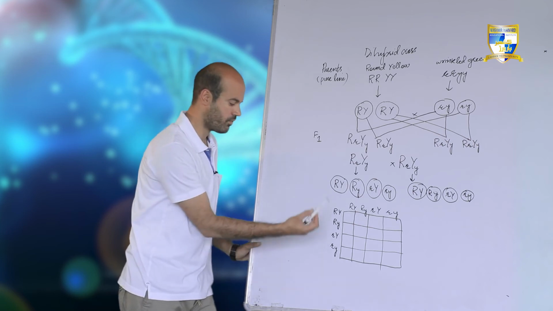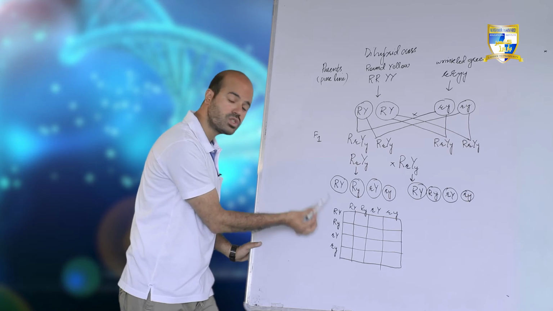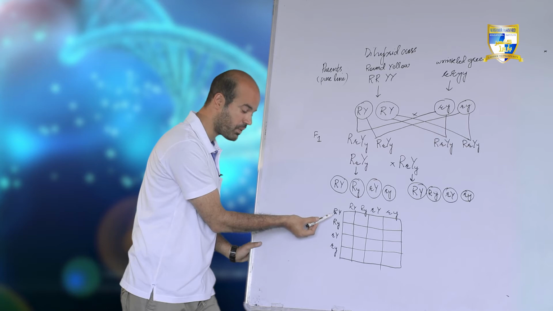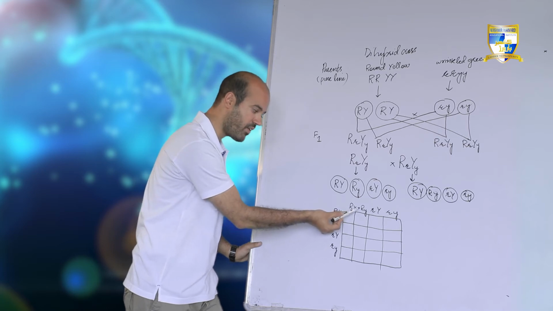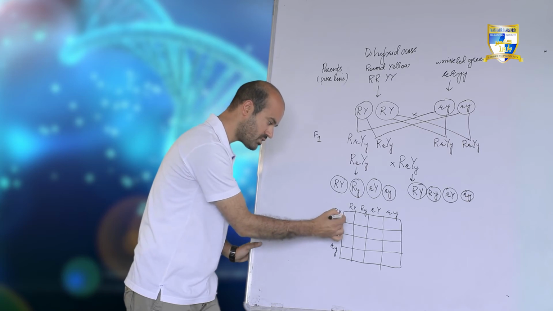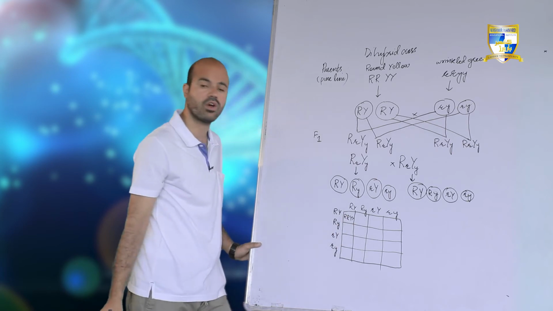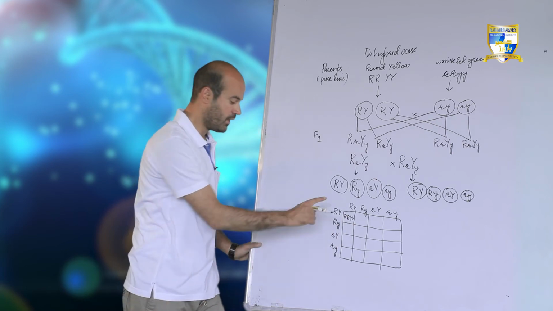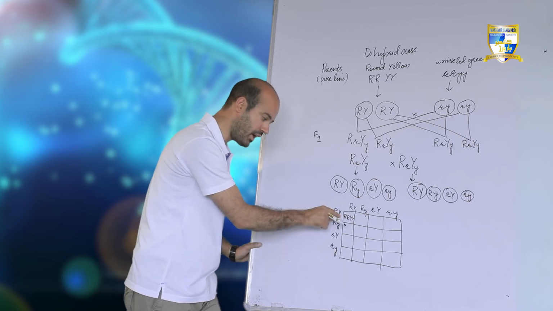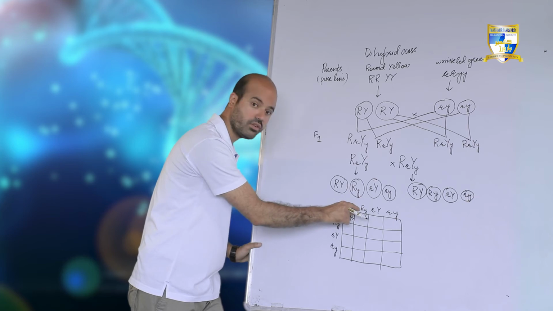Observe the cross now. First, what I am going to do is take one of the gametes, this one, and keep it constant, and I will vary the gametes here like this. This one and this one will be crossed. It will be like this, capital R, capital R, capital Y, capital Y. Fine. Then I will take the same gamete from the vertical side, but I will vary it, and this will be crossed with this.